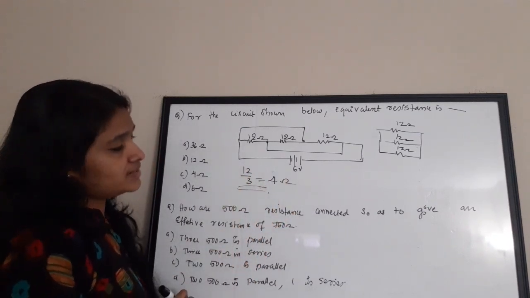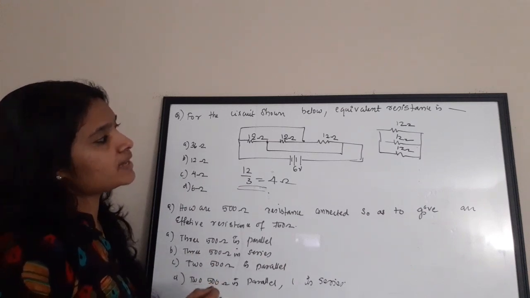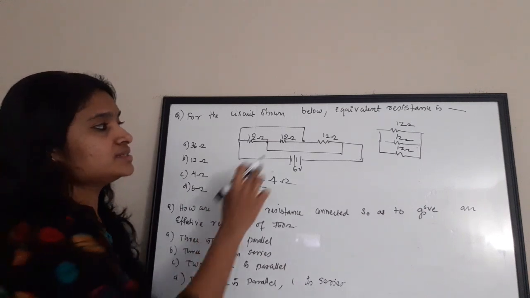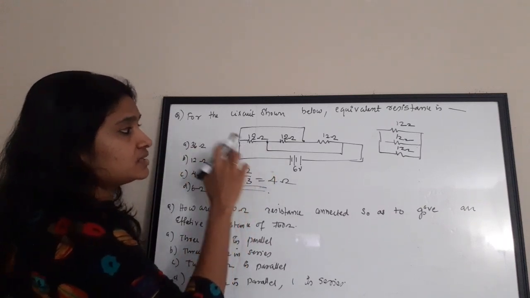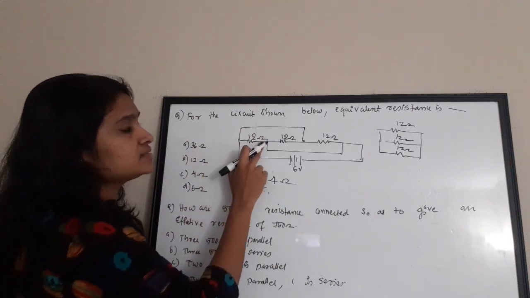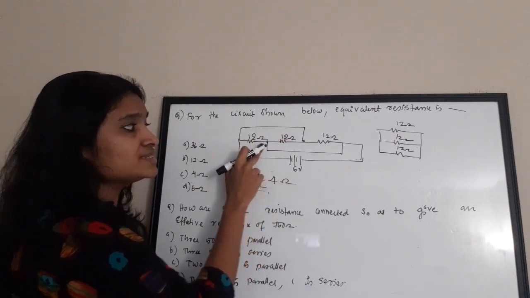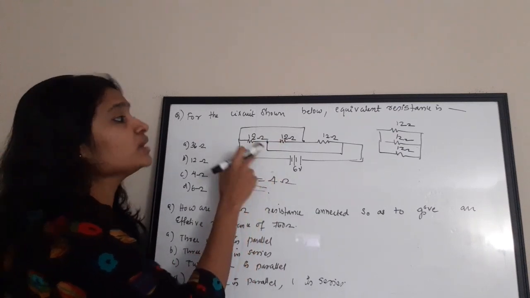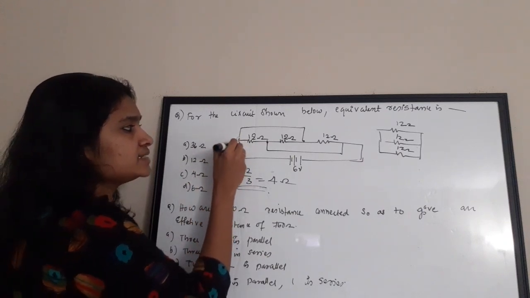Now, how to understand whether this is a series connection or a parallel connection? I'll tell you. See, if you see the first resistance, look for the terminals of the resistors. This terminal of the first 12 ohm and the second 12 ohm is connected together, right? Also, look for this end terminal.